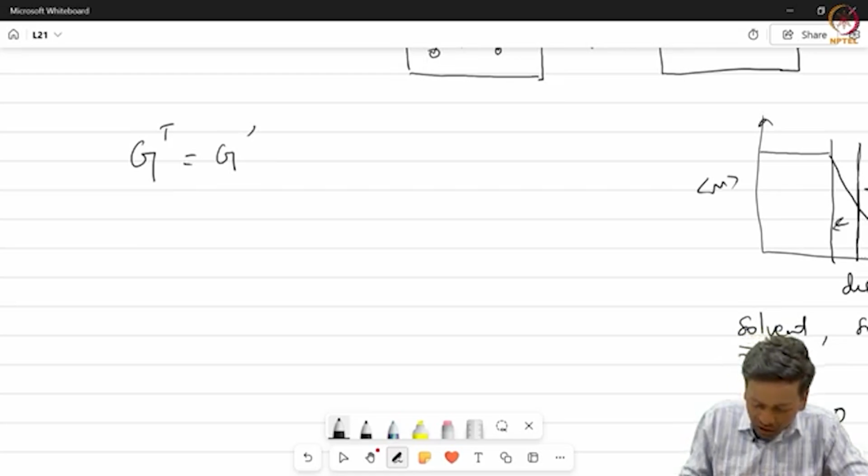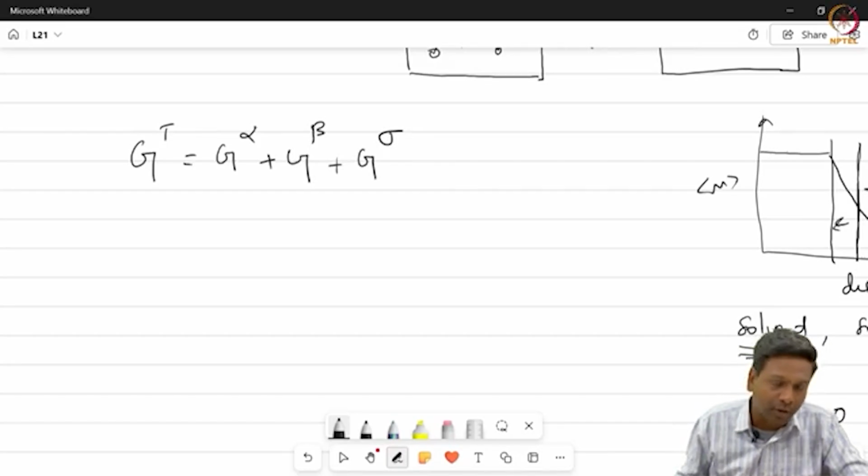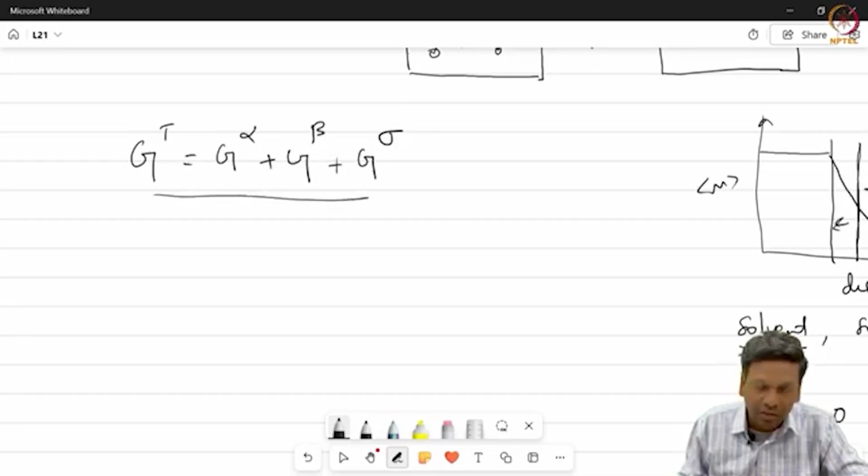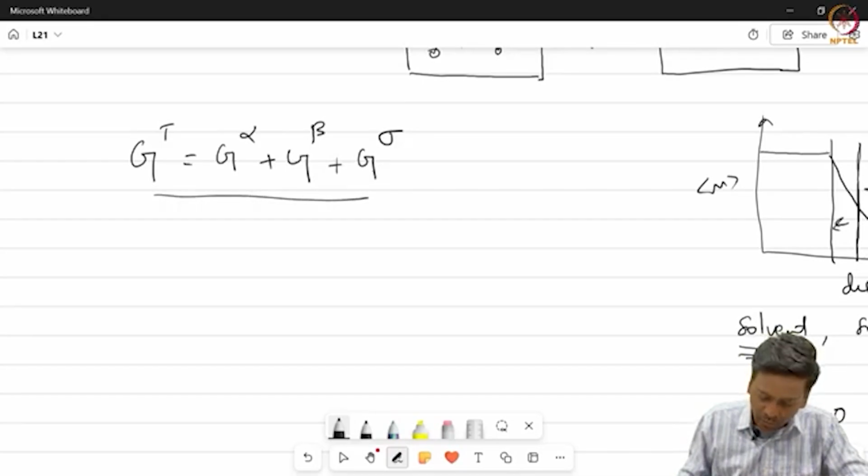One is the alpha phase, one bulk phase, and the other one is the beta phase, another bulk phase. You also have, additionally, the interface, that is sigma. The sum of these Gibbs free energies is going to be the total Gibbs free energy. So this is going to be our starting point.